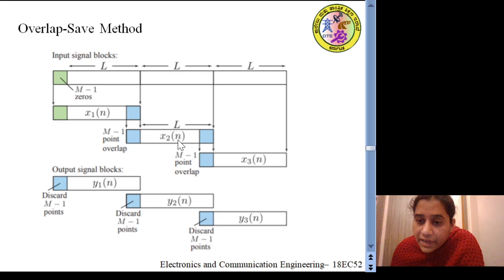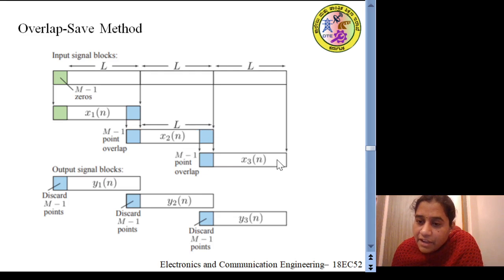The next block of data is x2 of n, which has m minus 1 samples taken from the last m minus 1 samples of the previous block. Here we are repeating those values, and the remaining L values are from our x of n, such that m minus 1 plus L, that is L plus m minus 1, is the length n.